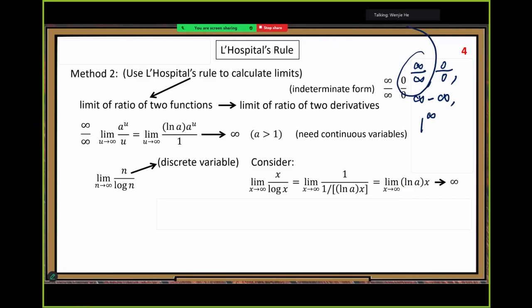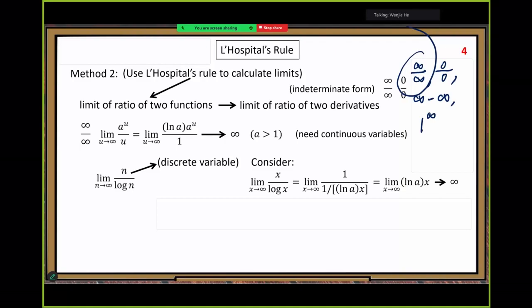We modified our original ratio slightly, changing it from discrete variables to continuous variables. That's the main change we make here. But for the discrete variable, our ratio is infinity. No problem. All right. The next question.